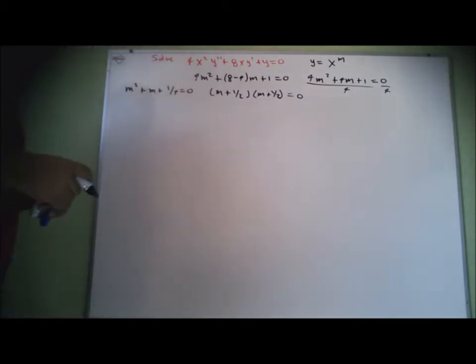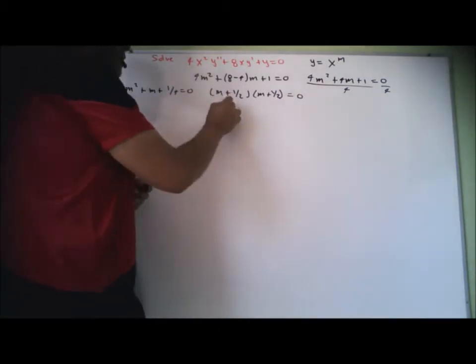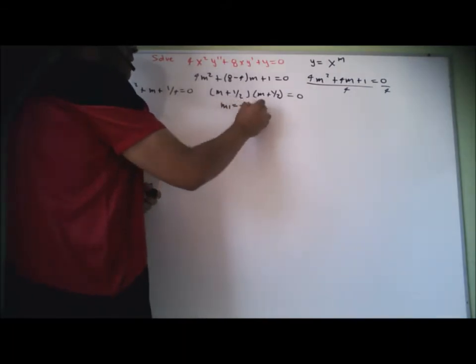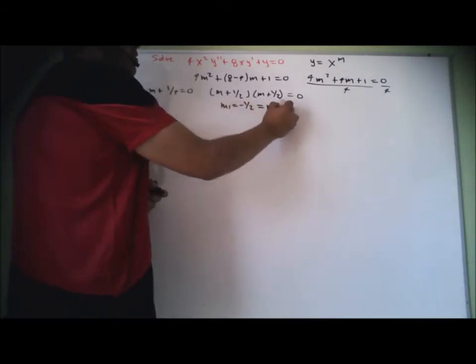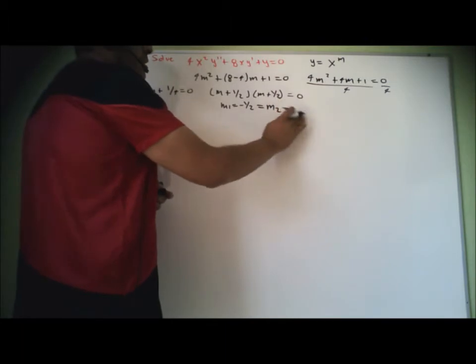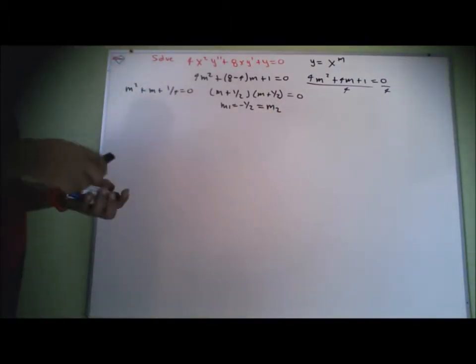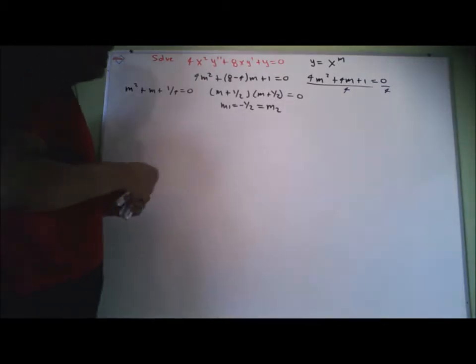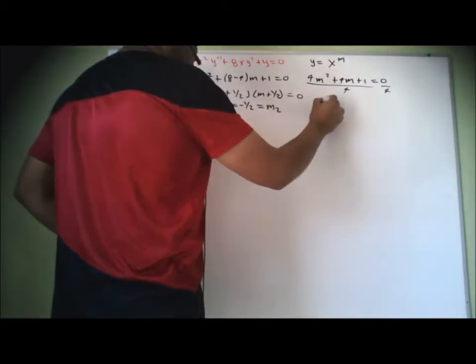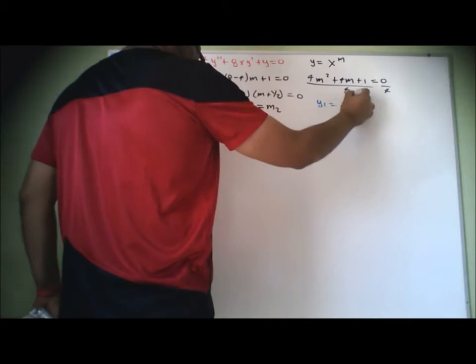Multiplication is 1 quarter and the addition is equal to 1. So we have repeated roots, because my first root is going to be minus 1 half, and that will be equal to my second root, which is the same, minus 1 half. Okay, so here the first solution then is going to be x to the power minus 1 half.